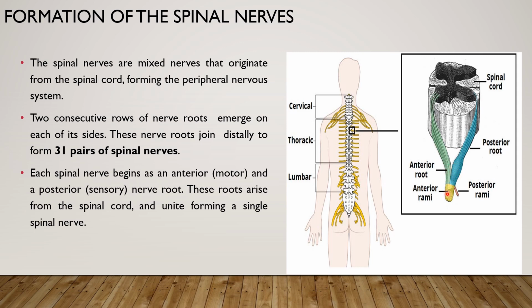So there is an anterior root and a posterior root. They join together after some distance and form a single spinal nerve. Thus, there are 31 pairs or 62 spinal nerves. They are mixed in nature. The anterior root is motor in nature and the posterior root is sensory in nature. So, the spinal nerve is mixed in nature.